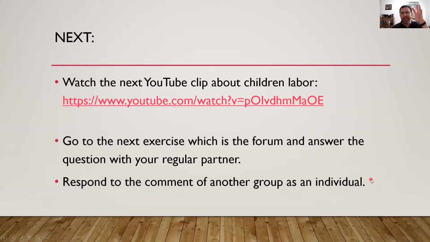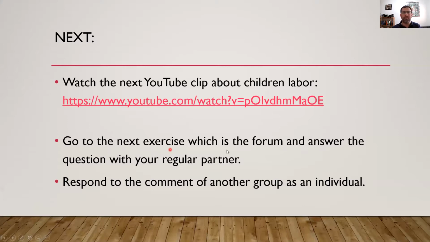Now, the main focus of this assignment is I want you to pretend that you're a writer. What could you do or would you do as a writer during the Industrial Revolution when women and children were abused, misused, manipulated, and taken advantage of? I want to make something for sure.